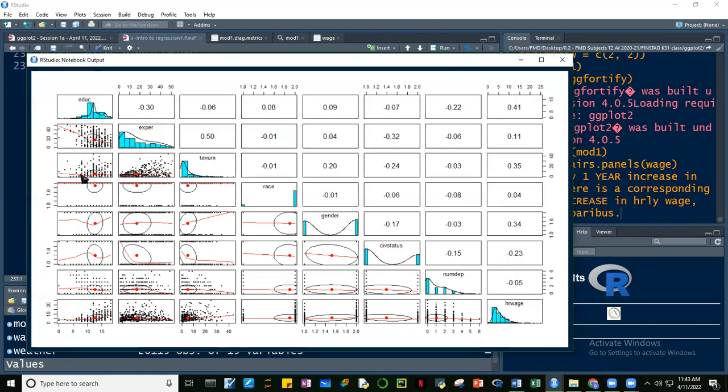By the way, guys, this plot, ito yung scatter plot ng education at saka example. Ito yung univariate plot niya, yung histogram ni education. Tapos ito yung plot ng education at saka ni experience. Yung correlation nila, yung scatter plot nila.